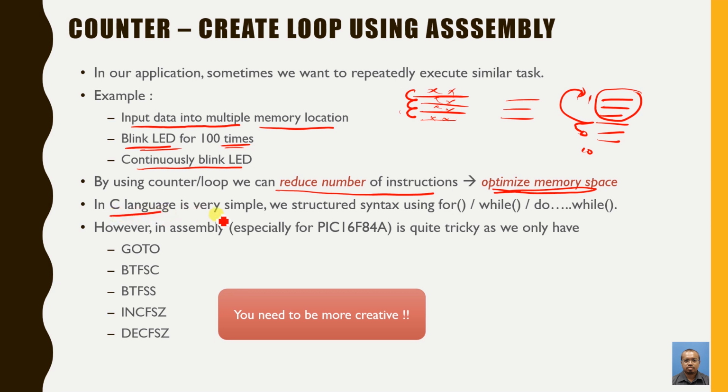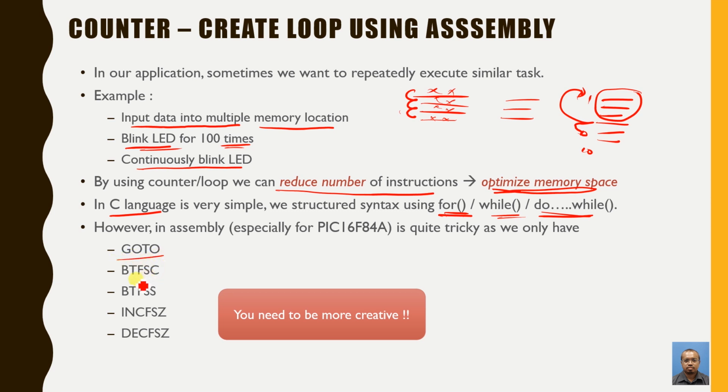In C language, it's very simple. We have structured syntax using for loop, while loop, or do while loop for looping. But in assembly, it's a bit tricky. We only have a limited number of instructions.